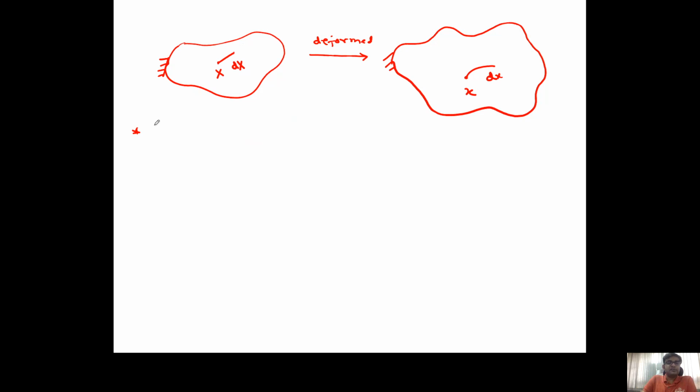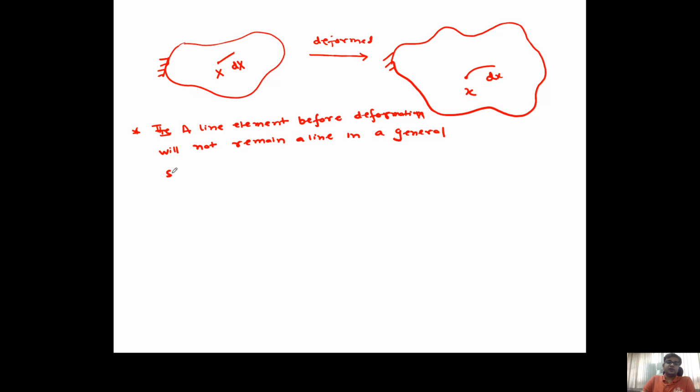The point here is, let us say, a line element before deformation will not remain a line in a general setting. That line will probably become a curve.